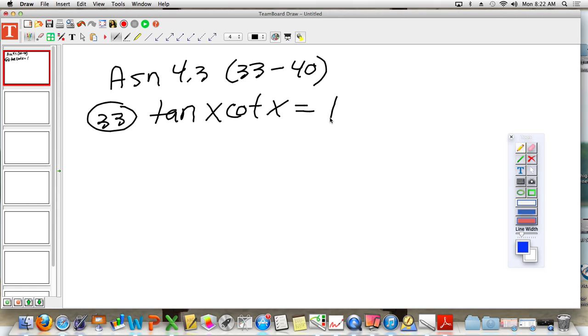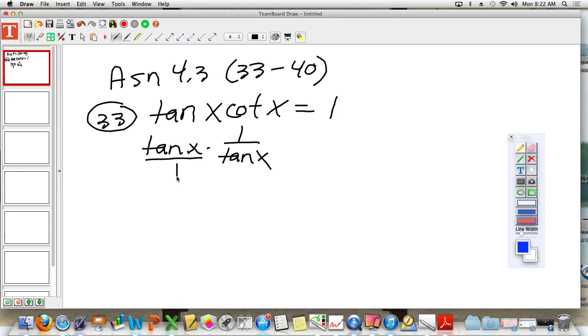This is when that pink paper that I printed for you guys might be helpful. What are tangent and cotangent of each other? The reciprocal functions. So if I rewrite cotangent as 1 divided by the tangent, the problem's done.